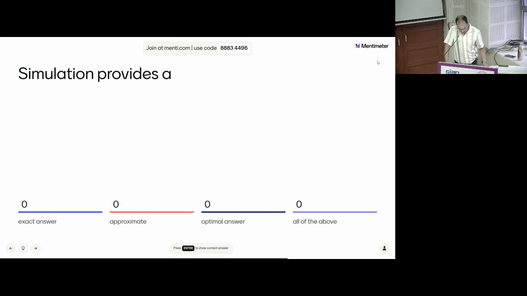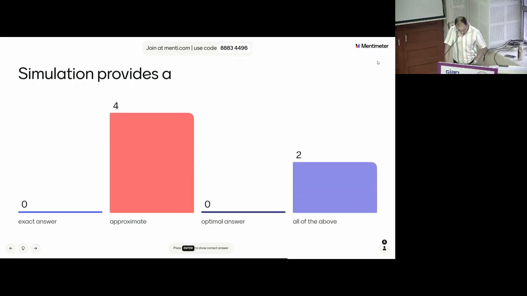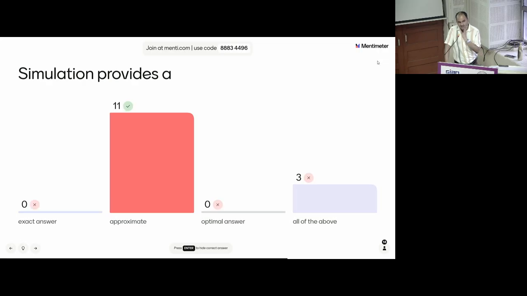Simulation provides exact answer, approximate, optimal answer, all of the above. Approximate, as I said, it doesn't provide you the optimal solution. When you solve your mathematical model, a single objective model in Python, CPLEX, Gurobi, Lingo, whatever the tool, you get one solution.